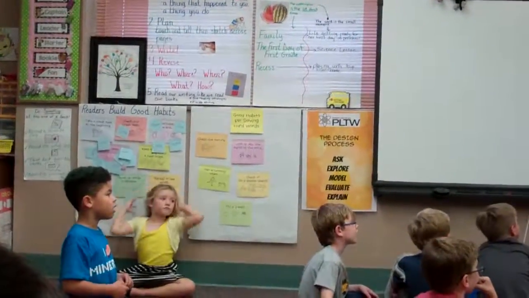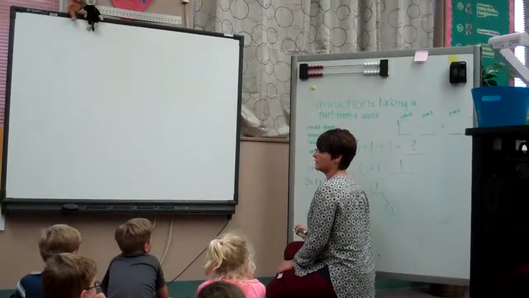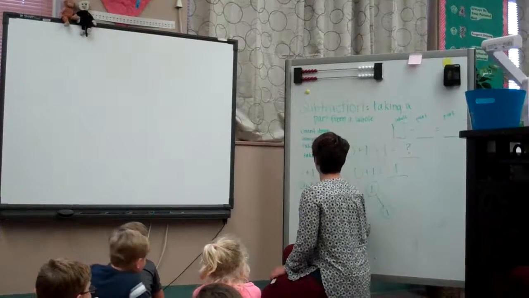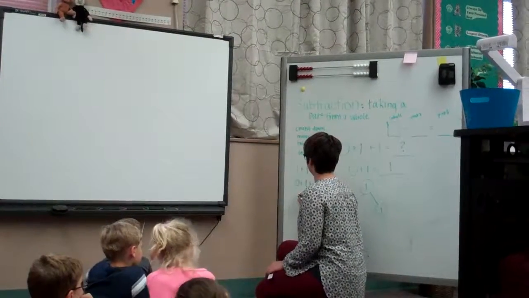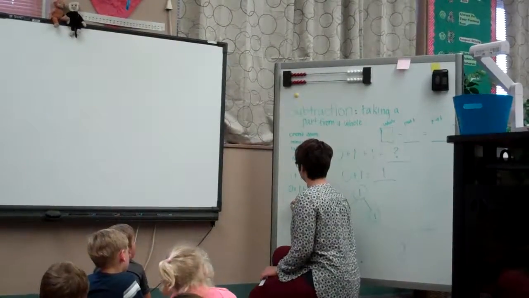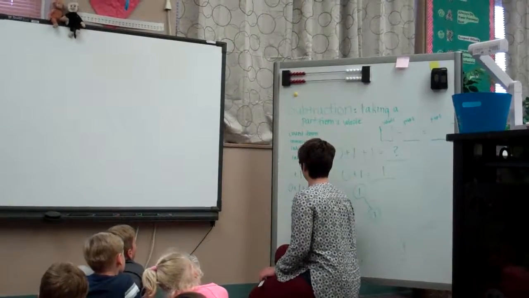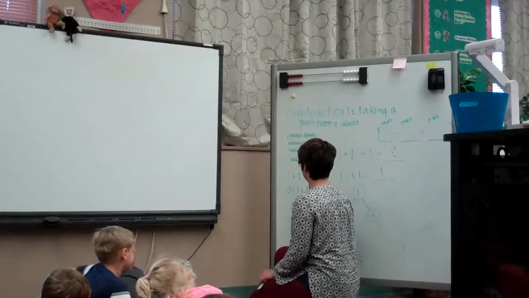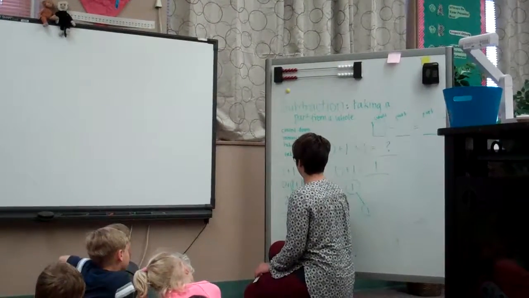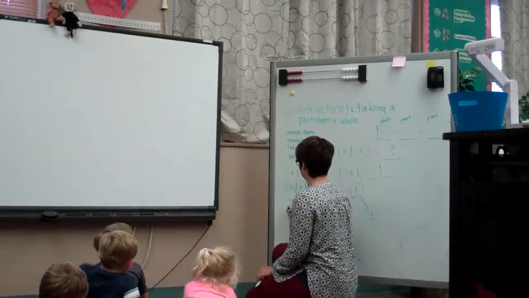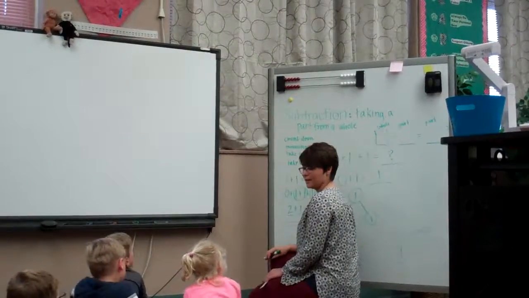What did you see? Was it 0 plus 1 plus 1 plus 1 plus 1? Oh. So what if I wrote 2 plus 1 equals 3? Because we had 2 ladybugs here and we added another one here. 3.